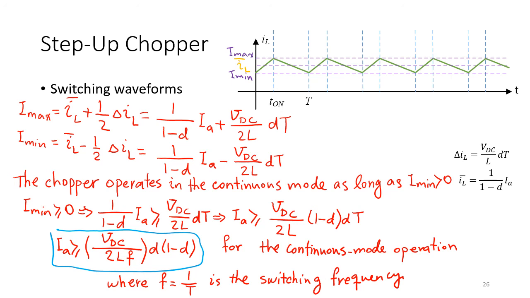We usually try to stay in one of these modes, but it's no big problem and we can operate there. It's not like if you go to this discontinuous mode, your switch is going to be burned and nothing works. No, the relation is just not as linear and straightforward as we have here. We cannot use the equation that we found for this part there.